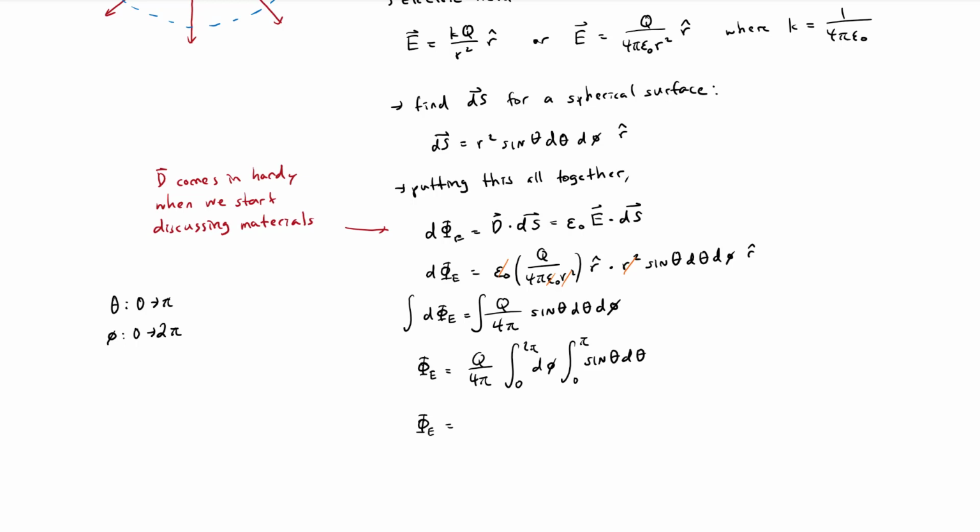And when you work this out, you get Q over 4 pi times 2 pi times negative cosine theta from 0 to pi. And the answer is going to be Q.